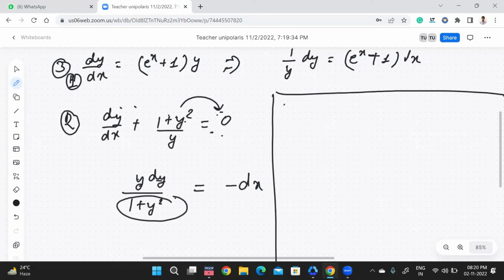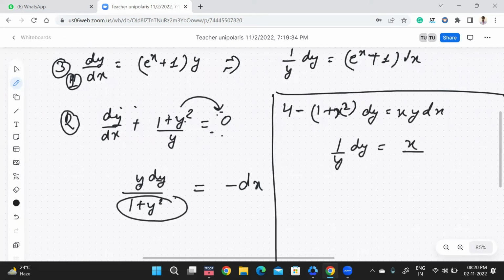So next, let's take a look at the fourth one. The fourth one is 1 plus x square dy equals xy dx. So we get 1 over y dy, and here we get x over 1 plus x square dx.